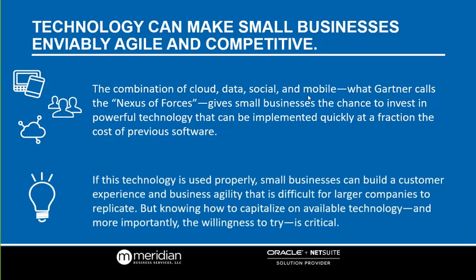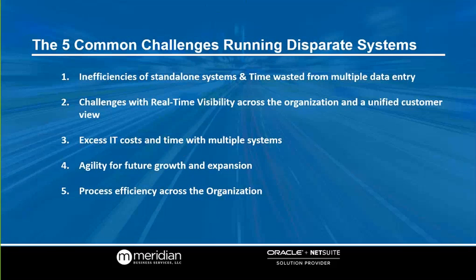So the 5 challenges that we see from organizations that we're going to focus on today. The first is running disparate systems. When we talk about disparate systems, oftentimes it might be one system for accounting, another for CRM, another maybe for payroll, et cetera.